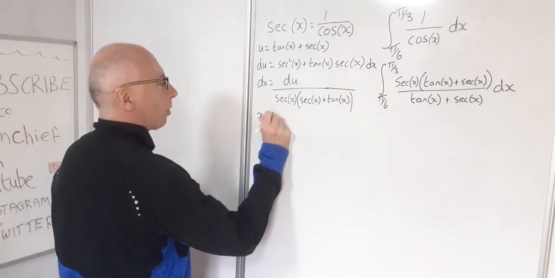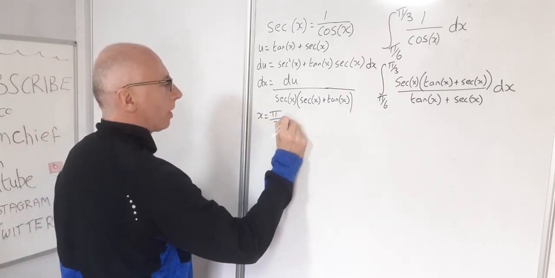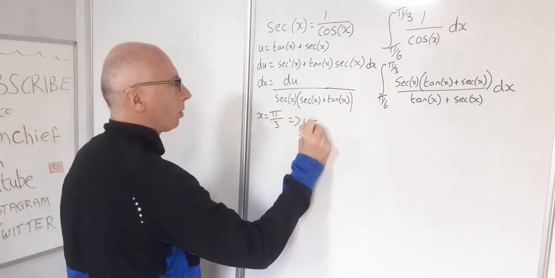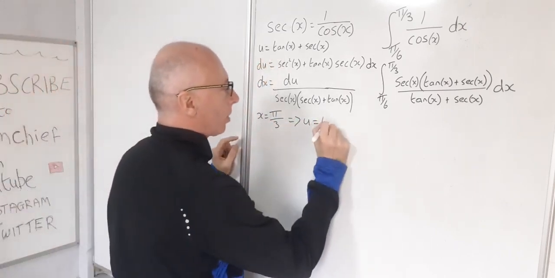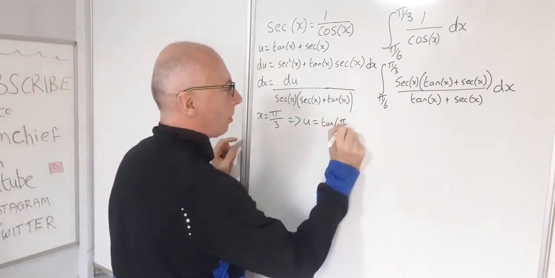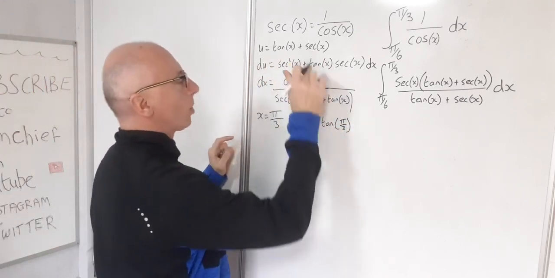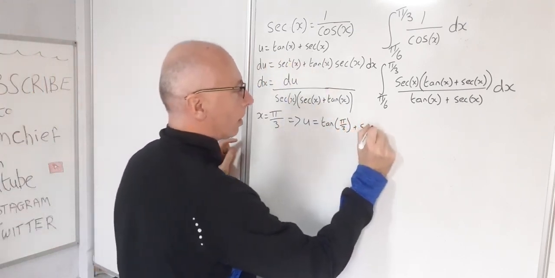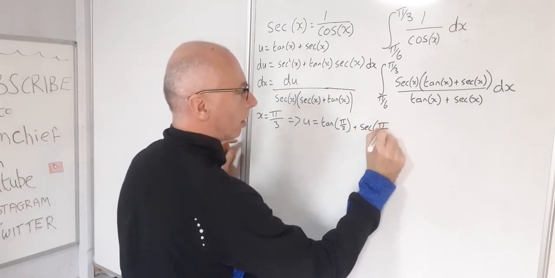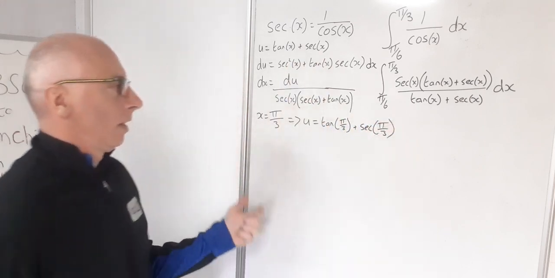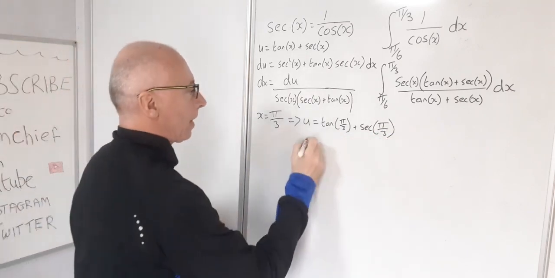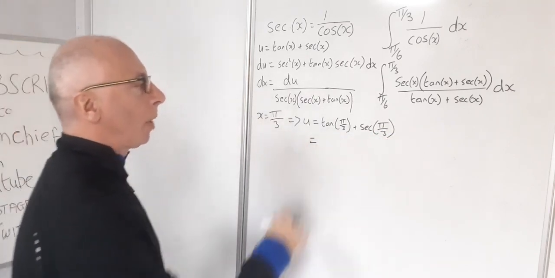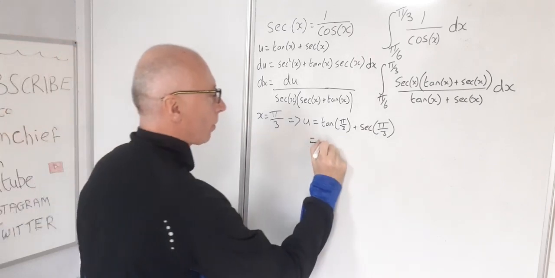So if x equals pi over 3, that means my u, which is tangent x plus secant x, is tangent pi over 3 plus secant pi over 3. These are all famous values, so we can get these pretty straightforward. Tangent of pi over 3, we know is square root of 3.